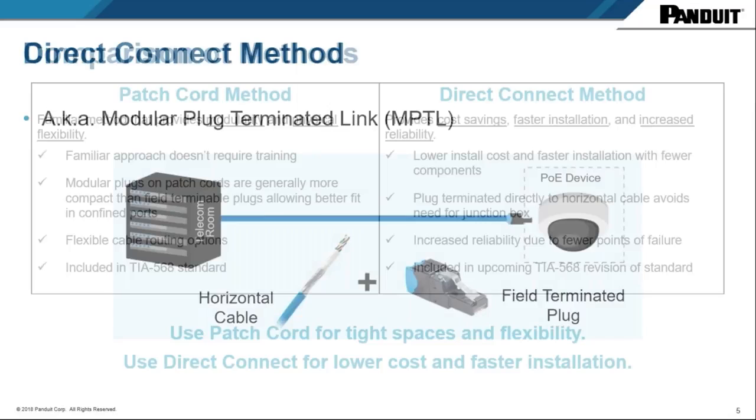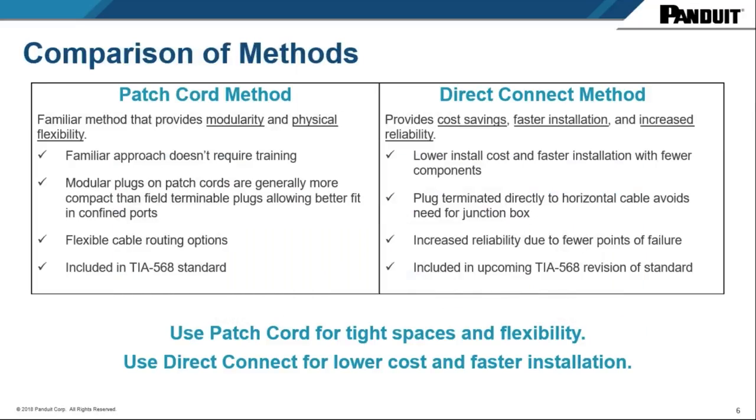And when we look at a comparison of these methods, with the patch cord method, the traditional method, being on the left, and the new direct connect method using the field term plugs being on the right, both methods have merits and benefits. And honestly, from a user standpoint, I'm sure you'll have customers and preferences for using both of these methods in different scenarios.